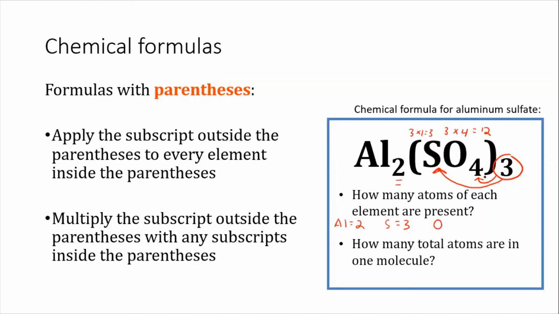And for oxygen, we have 4 oxygens inside the parentheses, so you multiply that by the 3 outside the parentheses to get 12 oxygens total. Then if we add this up, 12 plus 3 plus 2, that's 17 atoms total in 1 molecule of aluminum sulfate.